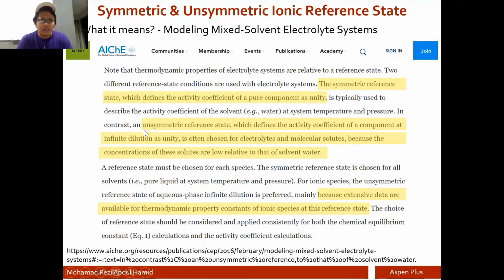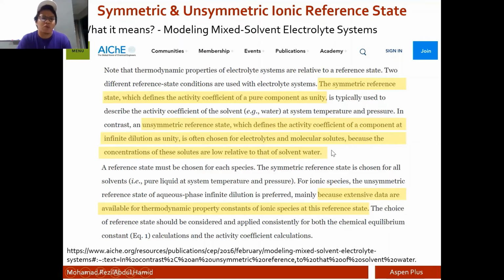And then the articles continue where they mention that the unsymmetric reference state defines the activity coefficient of the component at infinite dilution as unity, and is often chosen for electrolytes and molecular solutes because the concentrations of the solutes are low relative to that of the solvent water.